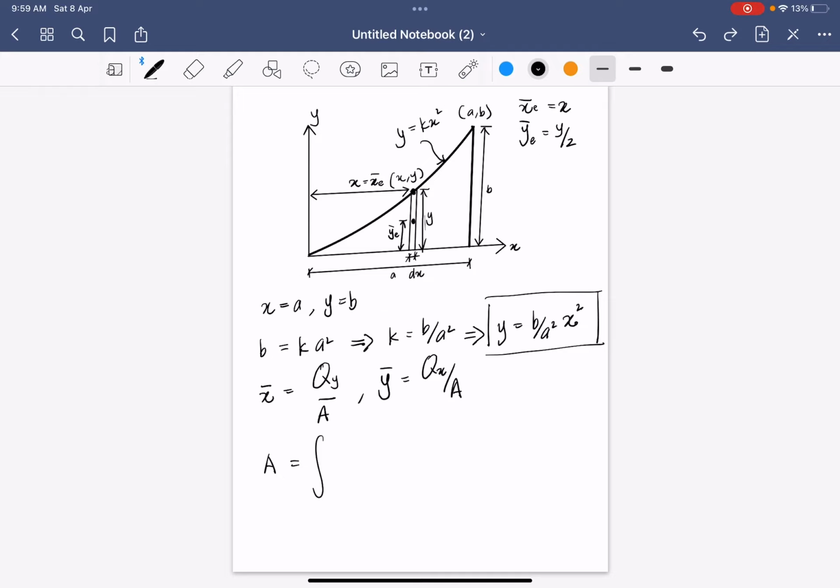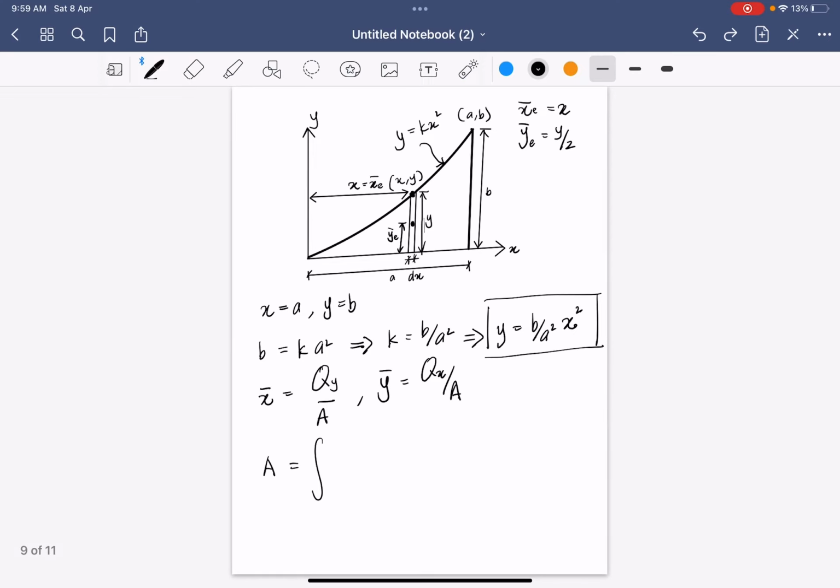So it's given by the integral of dA, and the limit is from 0 to a. And dA actually is an area that can be based on y dx. So it's y the height, and dx is the thickness of the strip.